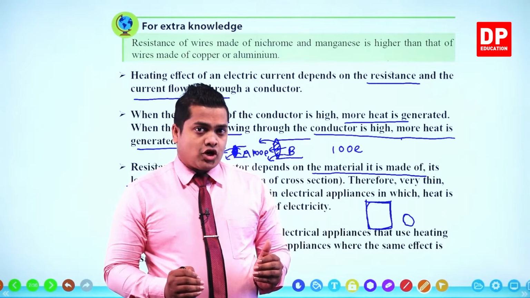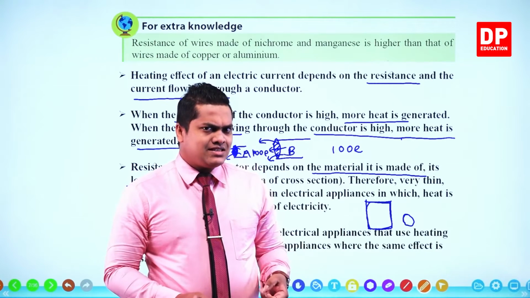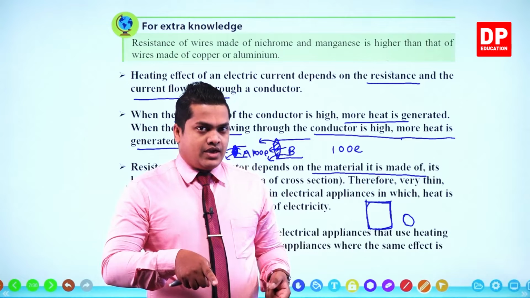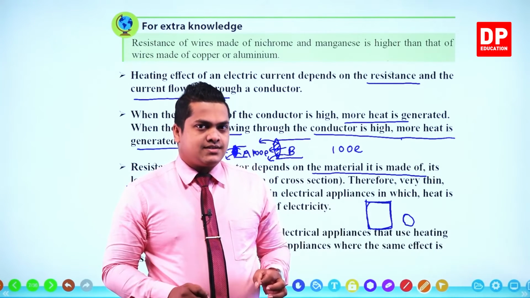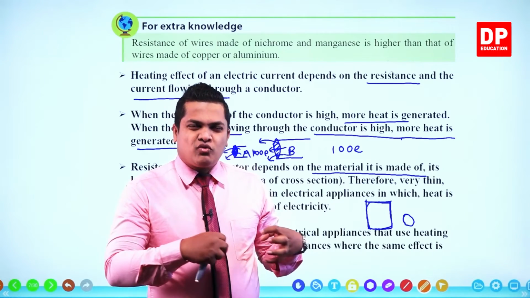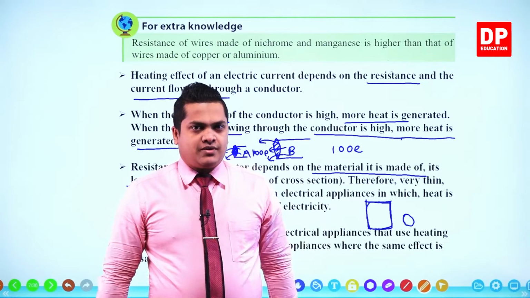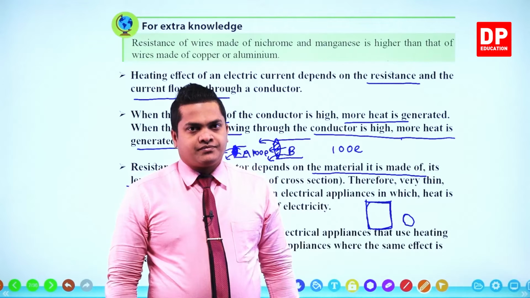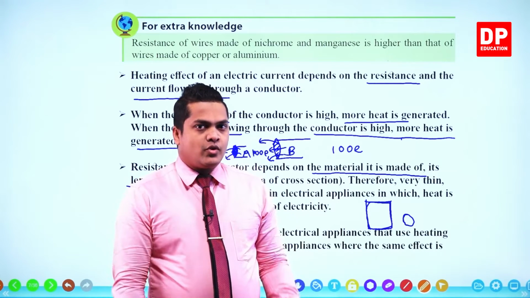More electrical charges, more current. So if the current is less, resistance is high. If the current is more, resistance is less. It's because these two factors are showing an inverse relationship. When one increases, the other drops down. When one drops down, the other increases.